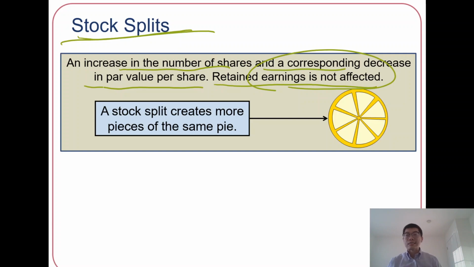Let's say it starts off at several cents, say 1 cent per share, and after 100 years, if we don't do any stock splits, it could be $1,000 per share, or $10,000, or $100,000 per share. Who knows, right? So you get the idea.